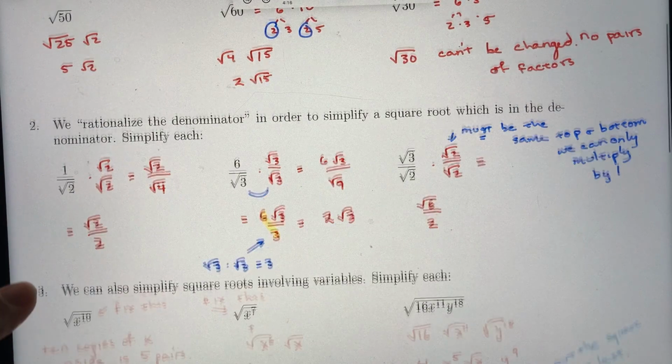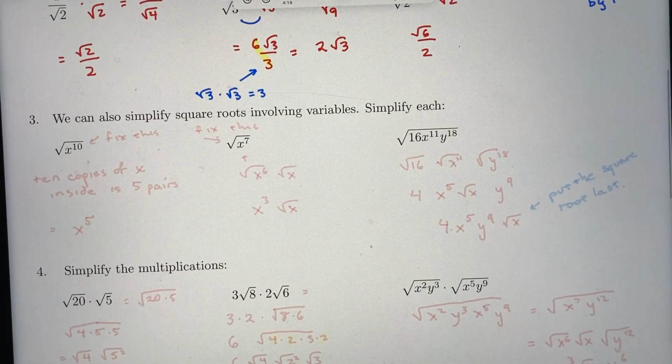Okay, so looking at square roots, and fix this on your actual page. Sorry, thought I'd fixed it before I printed it out. I had other things, and then I meant to fix it, and I forgot.